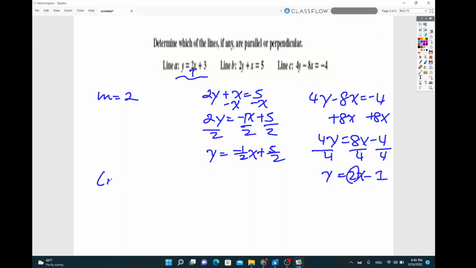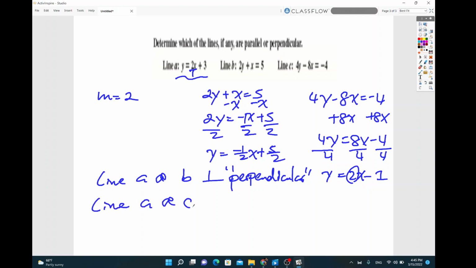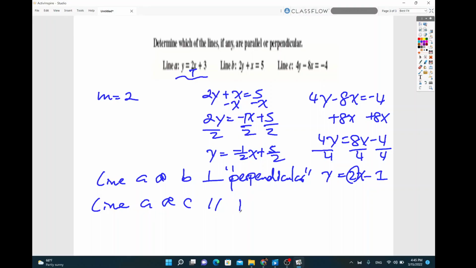So line A and B are perpendicular. If you see the upside down T symbol, that means perpendicular. And line A and C are parallel. If you see a pair of chopsticks like this, that means the lines are parallel.